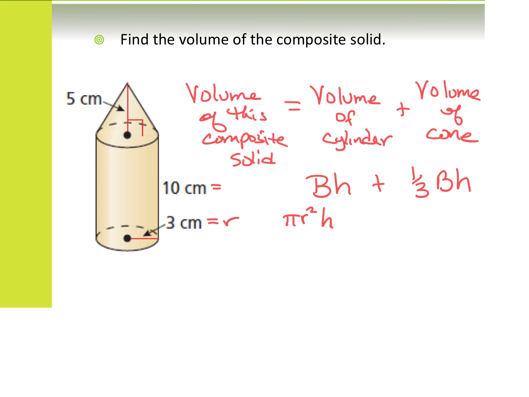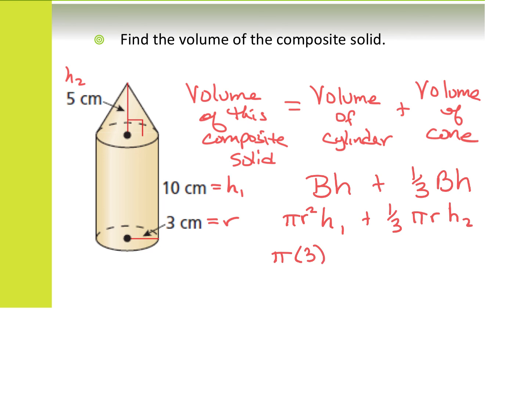The 10, I'm going to call this height 1, because this is the height of the cylinder. And then the 5, I'm going to call that h2, because that's the height of my cone. So I'm going to be doing pi r squared times height 1, which is the height of the cylinder. And then this one's going to be, again, pi r squared for the base, times its height, which I labeled as height 2. So the radius for both is the same, it's 3.